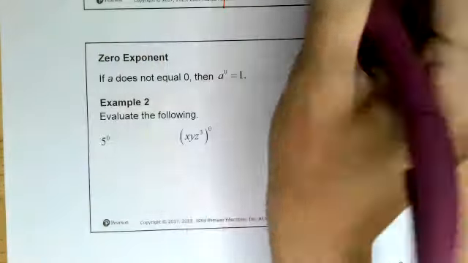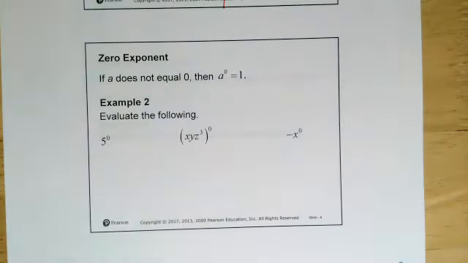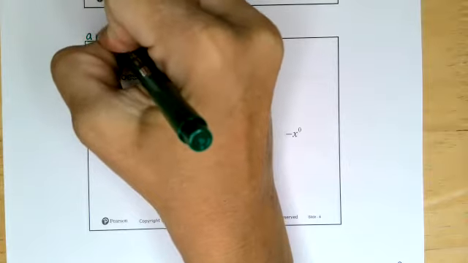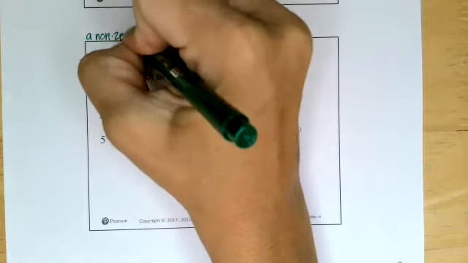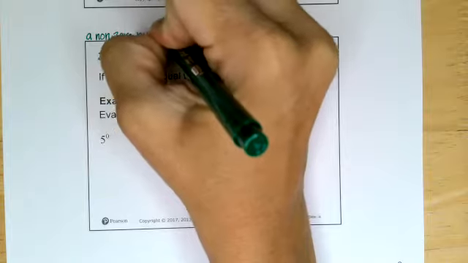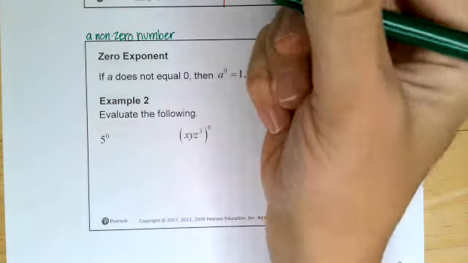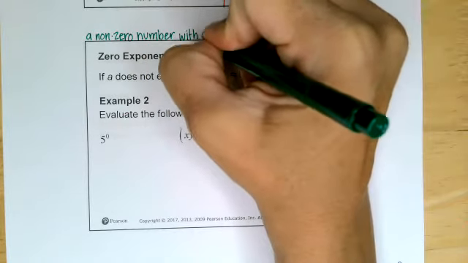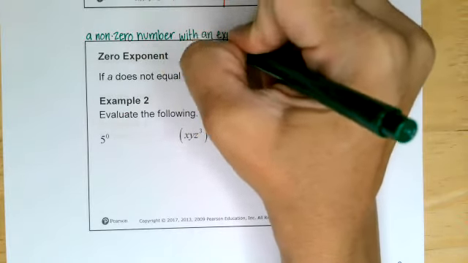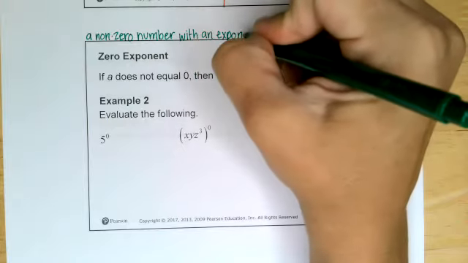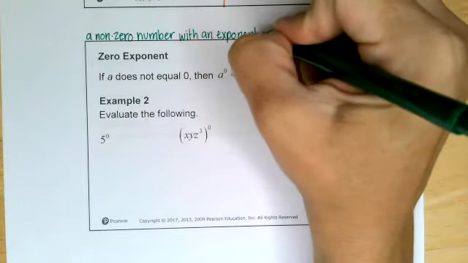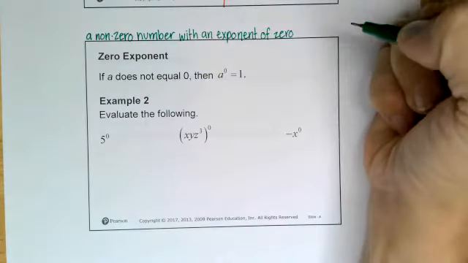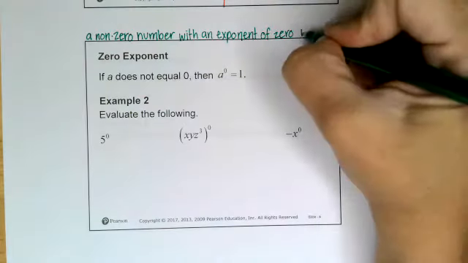Okay, so the 0 exponent is a non-zero, that just means any number but 0, a non-zero number with an exponent 0 will equal 1.